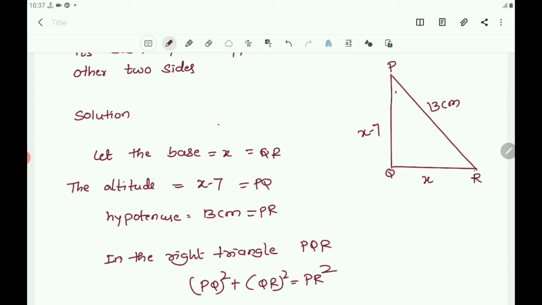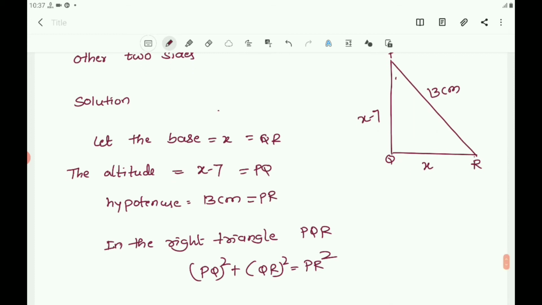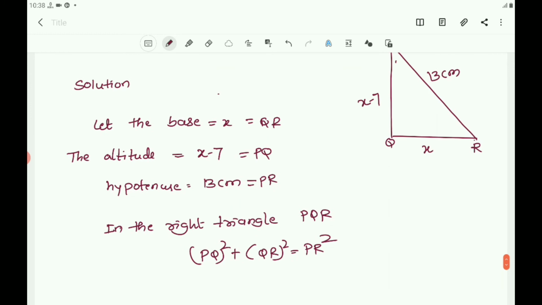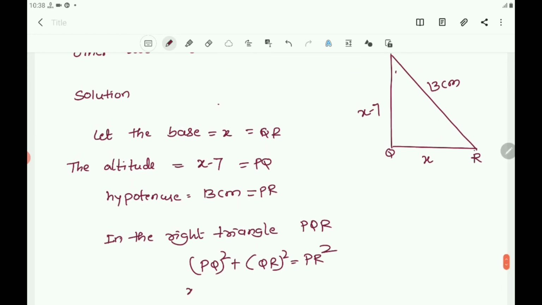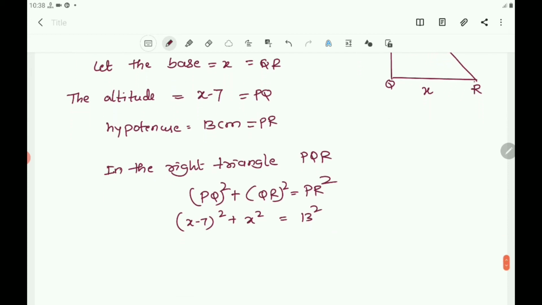The square on the hypotenuse is equal to the sum of the squares on the other two sides. Now here PQ is x minus 7 whole square, QR is x square, and PR is 13 square.